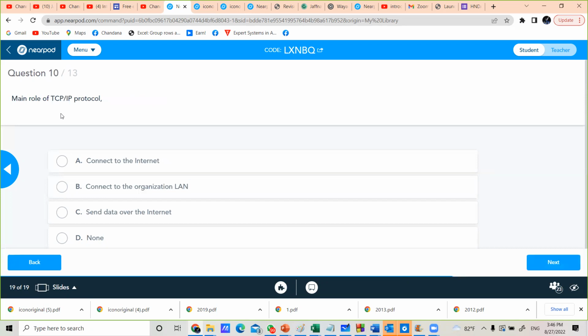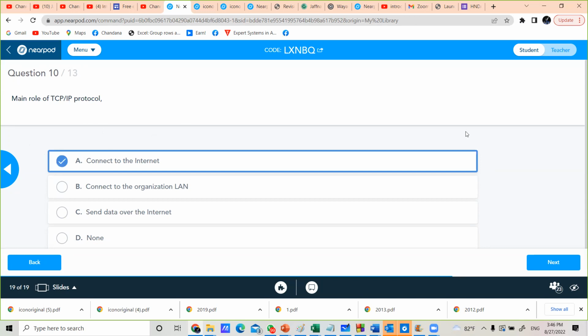Main role of TCP/IP: TCP/IP is the other protocol we learned, normally used if you want to connect your network to the internet. Connect to the internet, connect to the organization LAN, send data over the internet, none. This one, the answer should be A.